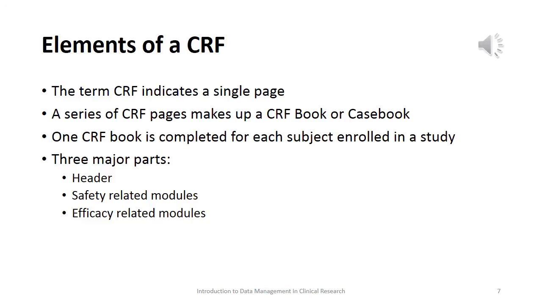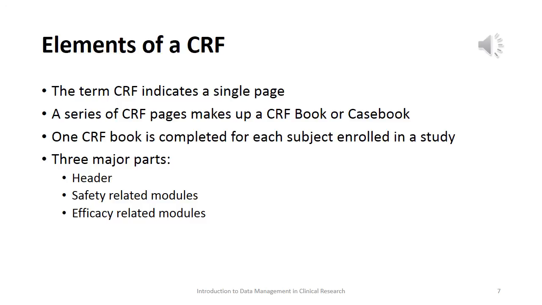So that case book is going to consist of the CRF pages that are collected, the data that's entered at each visit, whether it's the screening visit or as they progress on through to the final visit or an early termination visit. All of the data collected on all of the CRF pages are contained in the patient casebook. So, each patient is going to have one casebook during the course of our clinical trial.